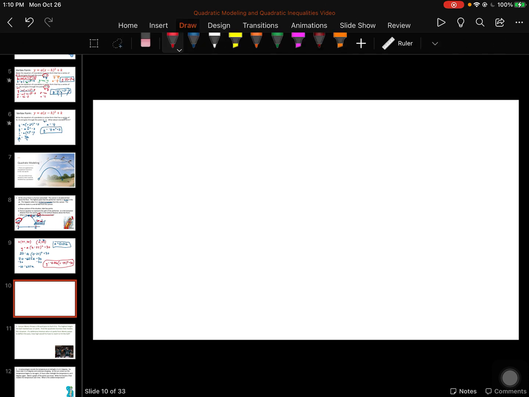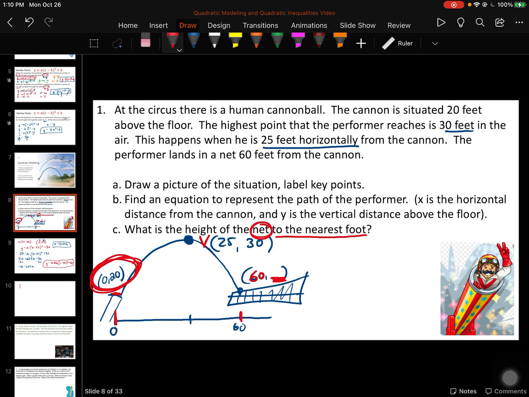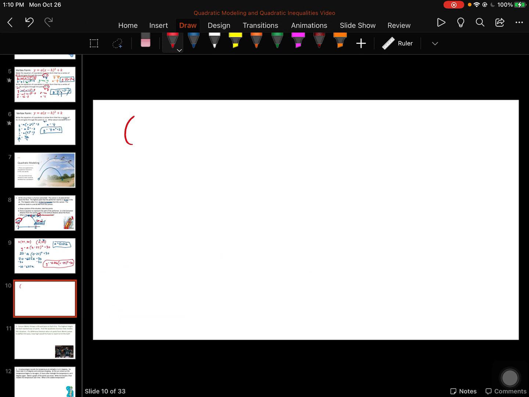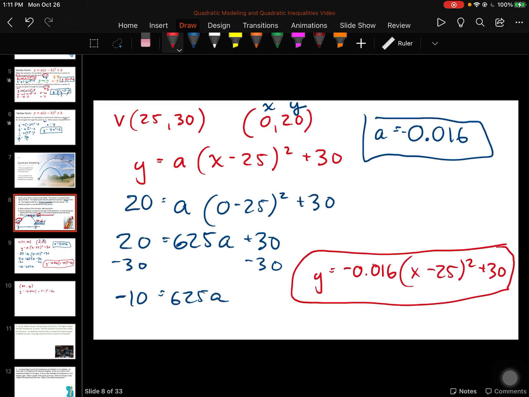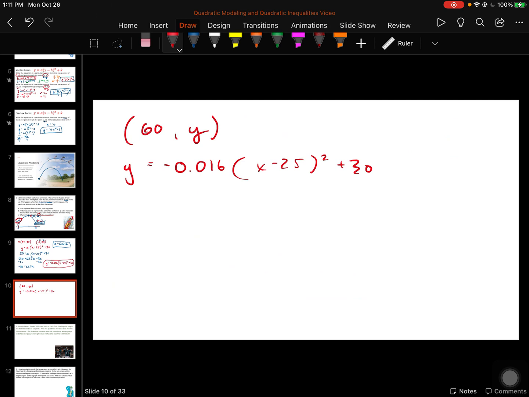I need to know 60 comma what? And I have this equation, y equals negative 0.016 (x minus 25) squared plus 30.